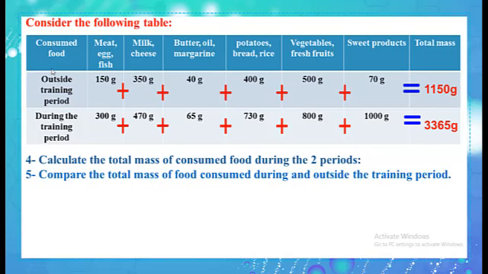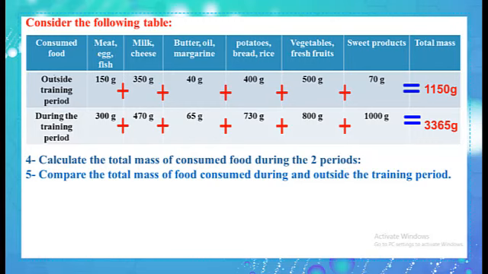Number 5. Compare the total mass of food consumed during and outside the training period. So when we want to compare, we should first of all mention the values with their units, and we should say either greater than or less than or equal to.